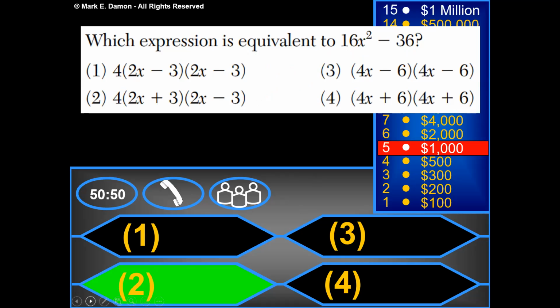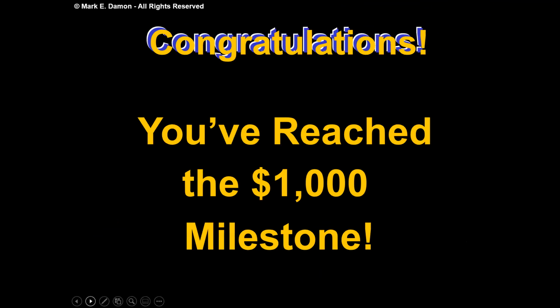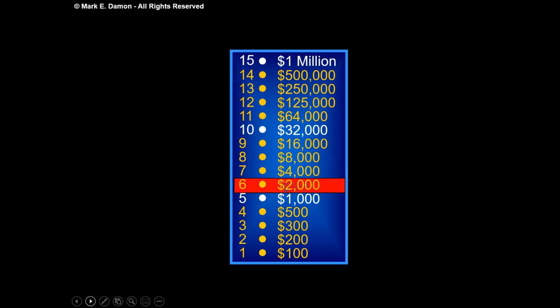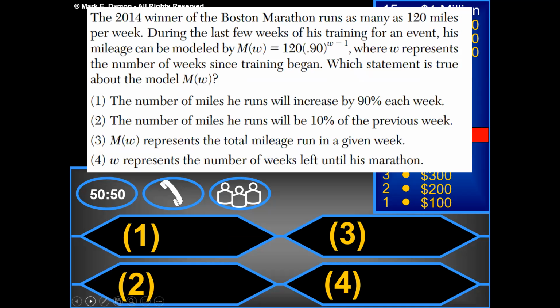All right, let's move it along, move it along. This one is worth, oh, we got to our milestone, right? You reached the $1,000 milestone. Woohoo, still in the game. Now we got $2,000, or points, I should say. All right, get your reading glasses on.